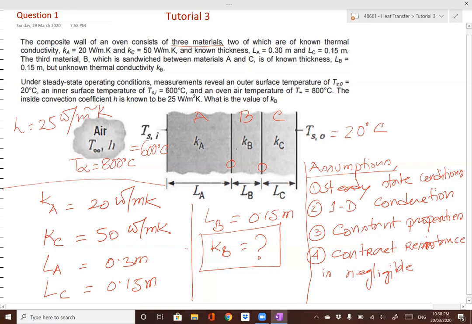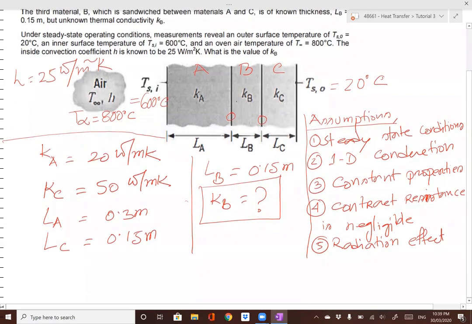And another, we will ignore the heat loss due to radiation, so the radiation effect is negligible.